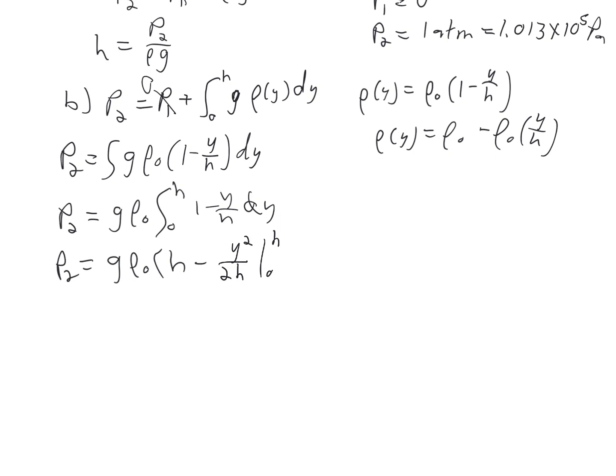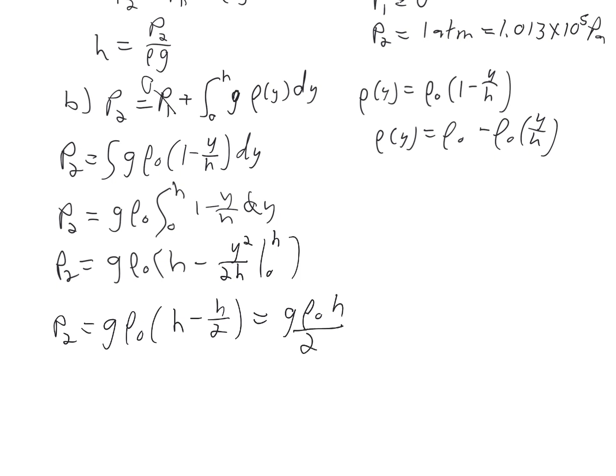And so then what we end up with is simply G times rho initial times h minus h over 2, because you're going to get h squared over 2h. So what you end up with is G rho initial h over 2.